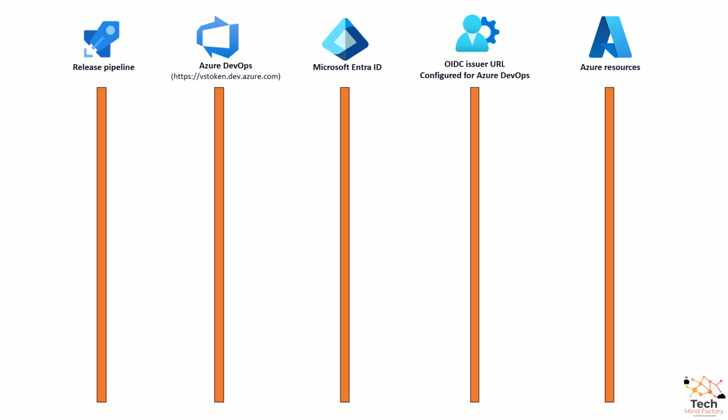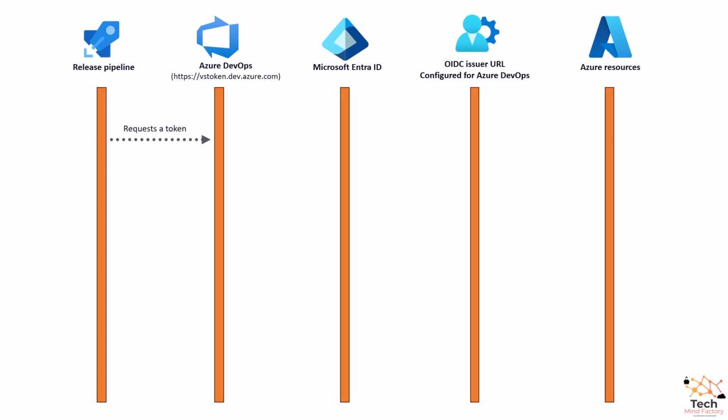And obviously, we have OpenID Connect, a protocol used here to make the token exchange. Let's talk about this flow really quickly so we understand what's happening underneath when Azure DevOps is trying to deploy resources to the Azure cloud using Workload Identity Federation. So the release pipeline is requesting a token from Azure DevOps.